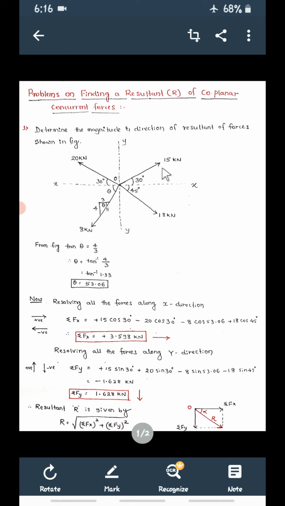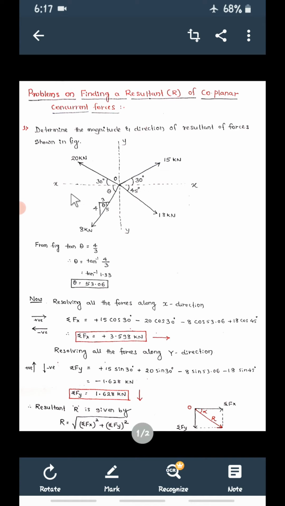See the direction of the arrow marks; they give plus or minus. So when resolving in the x direction, if the force moves like this, it is positive, and like this, it is negative. Remembering this sign convention, resolve all the forces in the x direction one by one.